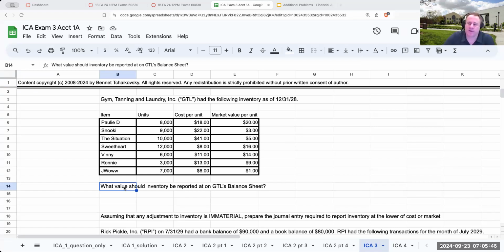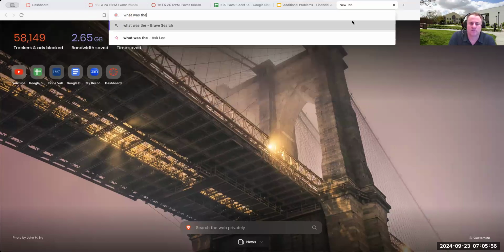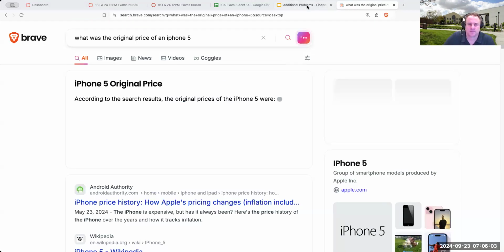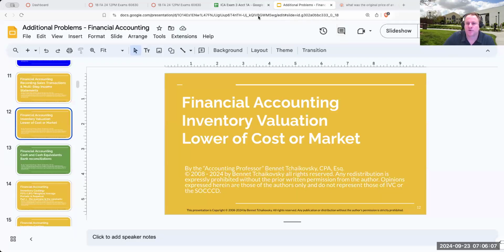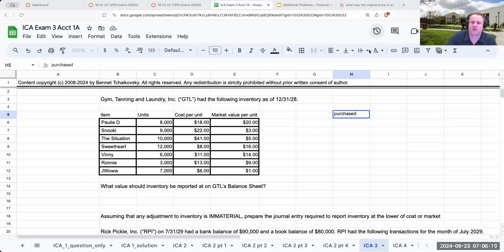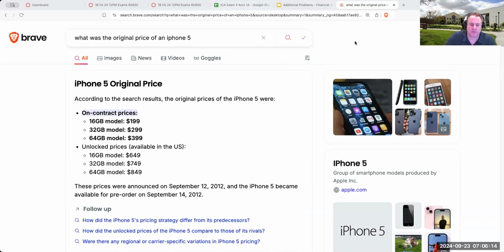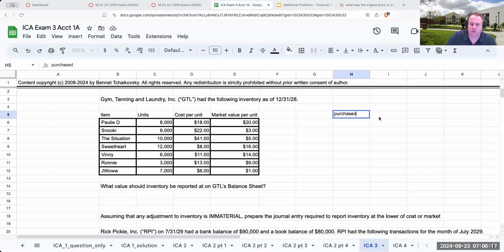So when we're dealing with inventory, I always use this as an example: say I bought, and we'll go back to 2012, we purchased 5,000 iPhone 5s on 12/31/2012 at a cost of $300 each.